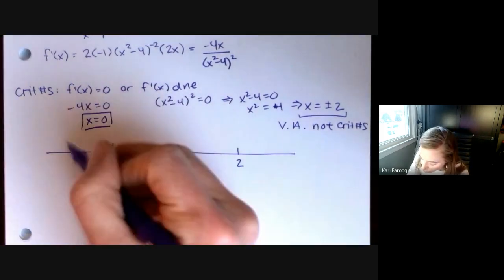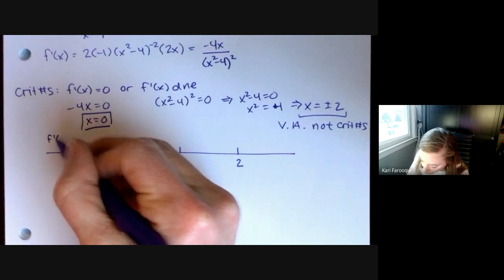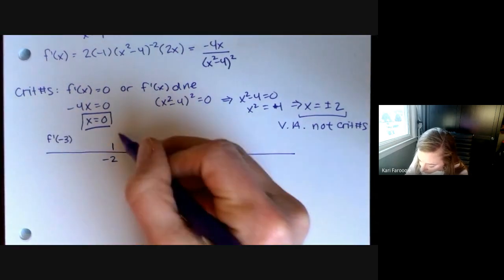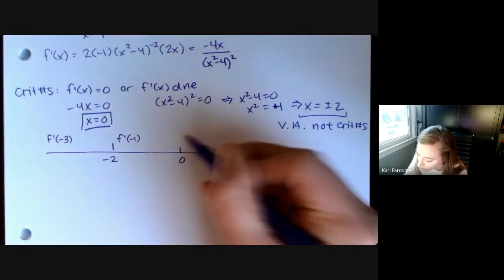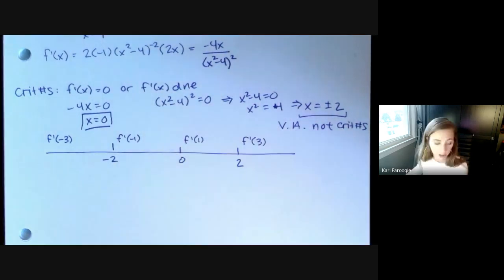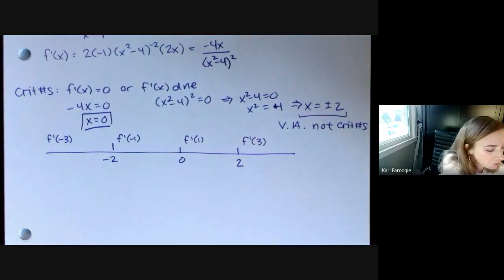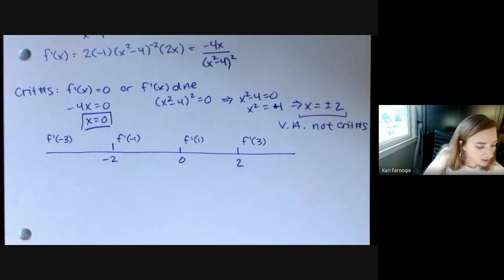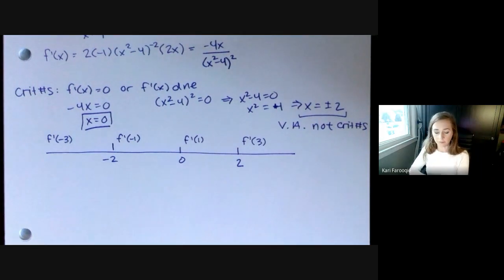So I'm going to choose f prime of -3, f prime of -1, f prime of +1, f prime of 3. And we'll pop these into our calculator and try to determine what the sign of the derivative is in these intervals.